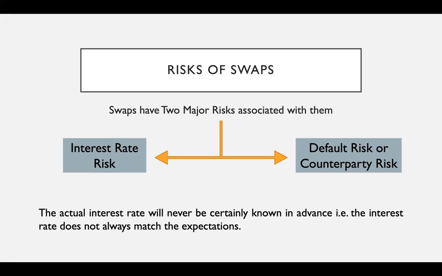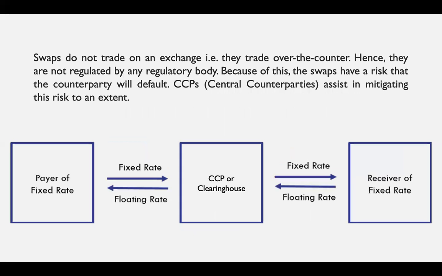Swaps do not trade on an exchange, that is, they trade over the counter. Hence, they are not regulated by any regulatory body. Because of this, swaps have a risk that the counterparty will default. Central counterparties assist in mitigating the risk to an extent.